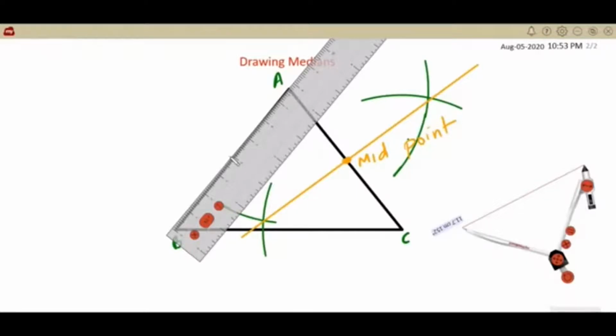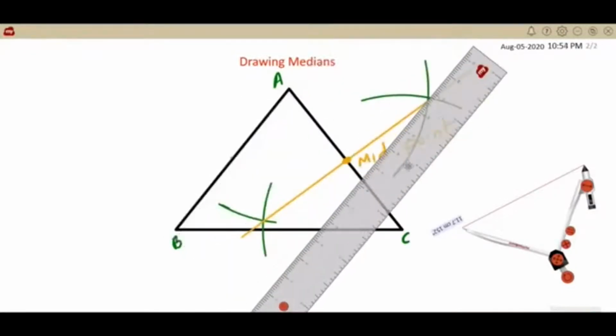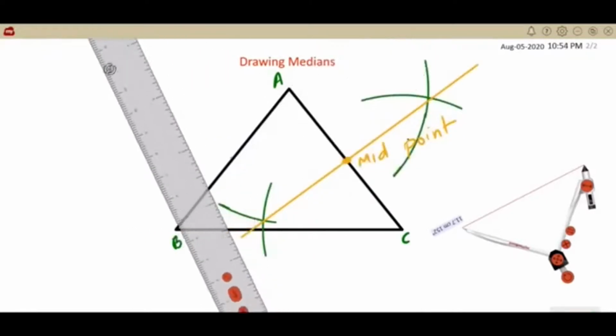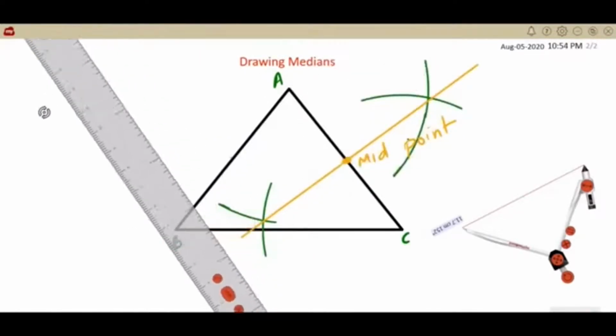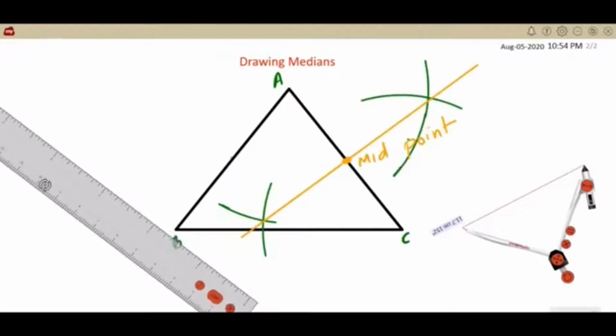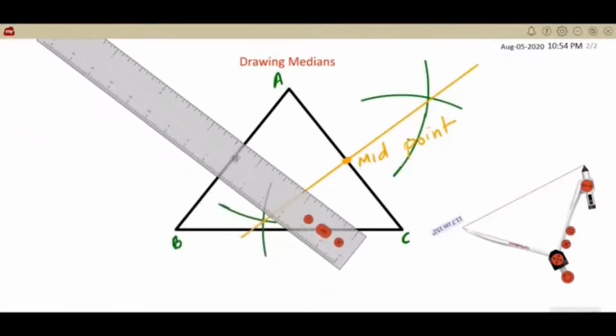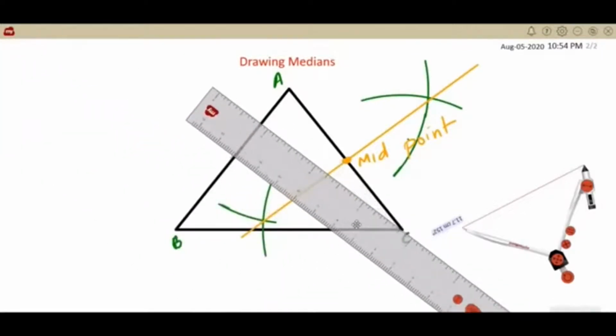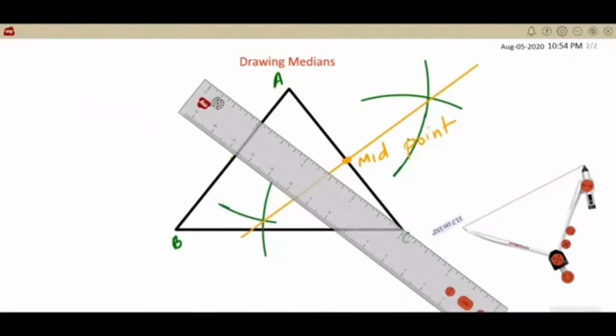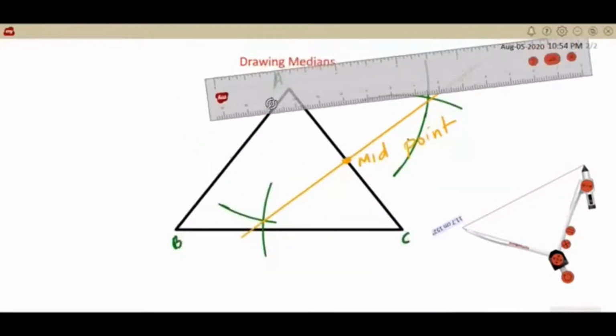I am marking the midpoint and will draw the line segment connecting that midpoint to the opposite vertex. In this case the opposite vertex of AB is C. So with the help of the ruler I will be drawing a line segment connecting vertex C with the midpoint.